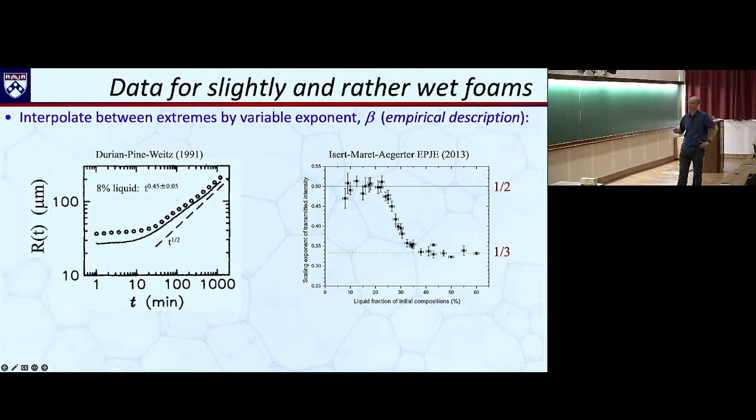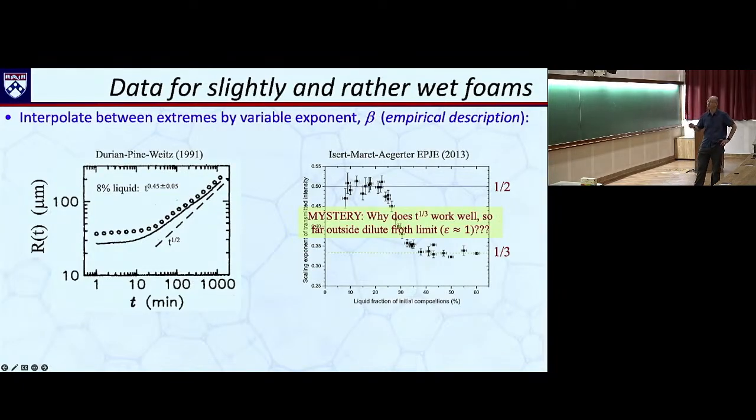It's more like 0.45 on average. Okay, it looks kind of like this point right here, Georg's data. And here's Georg's data, Georg and friends. So it's 1/2 in the dry limit, and it's 1/3 in the wet limit. But oh, wait a minute. What's going on there? Please advance. Ah, look at the crossover.